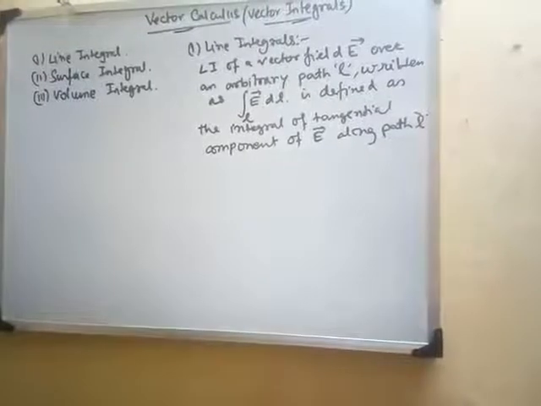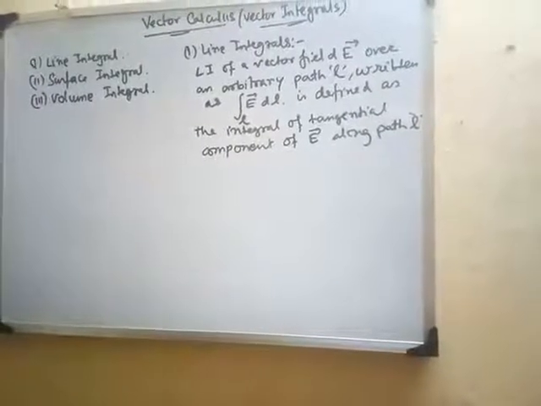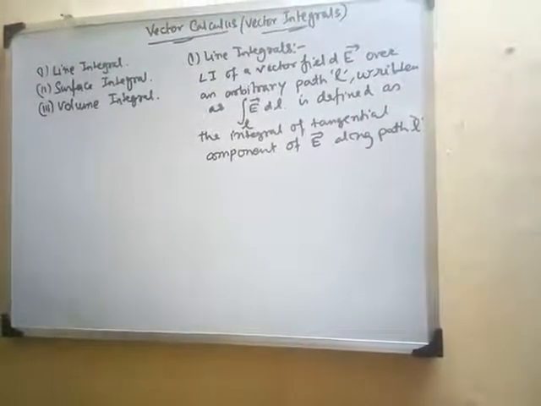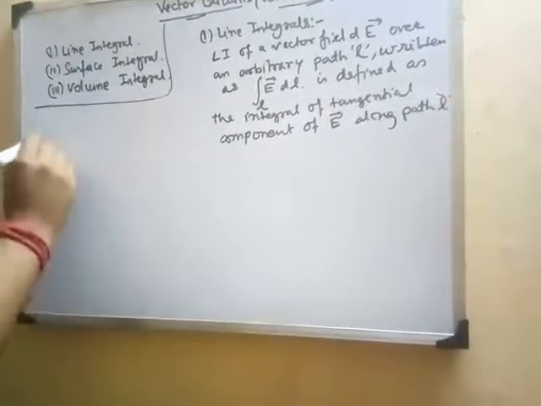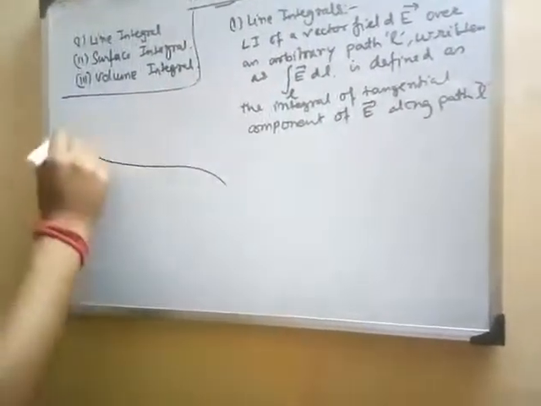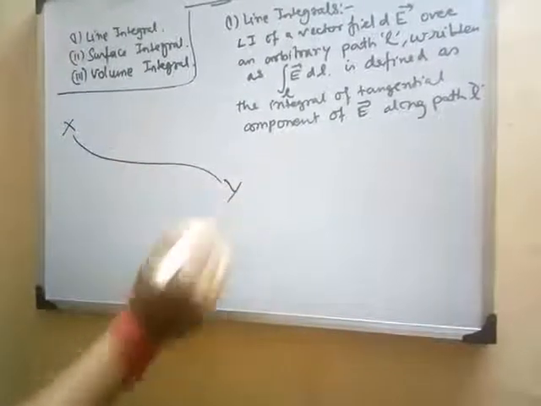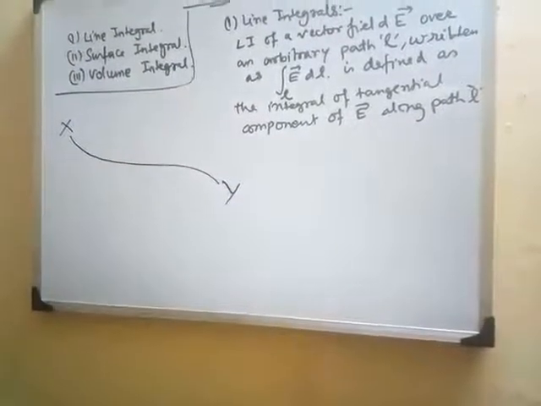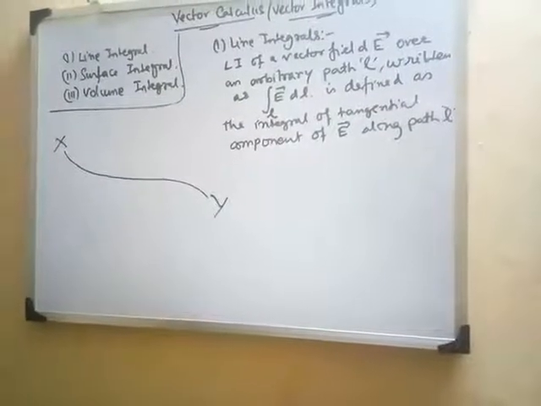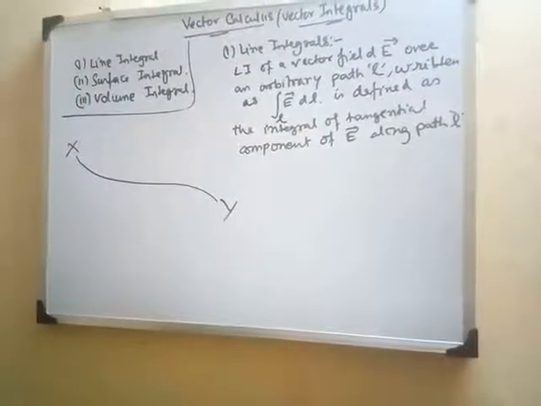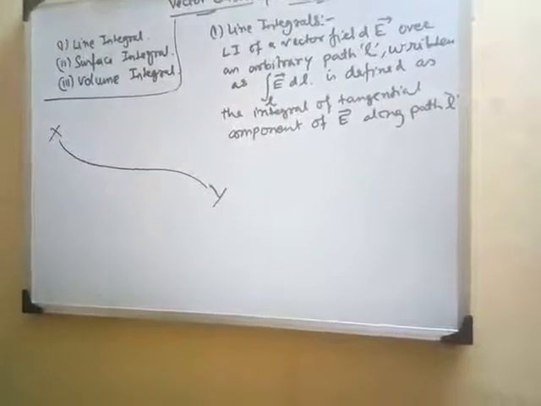Okay, so let us draw a figure and explain this. Let us have this line, say suppose this line is xy. We want to integrate this line from x to y.